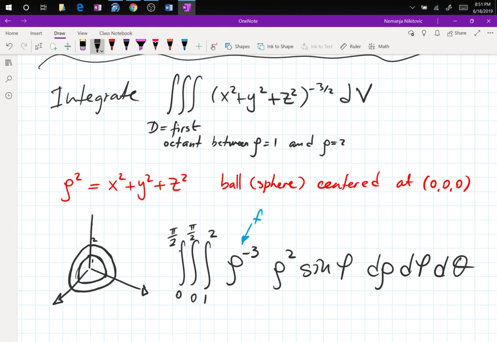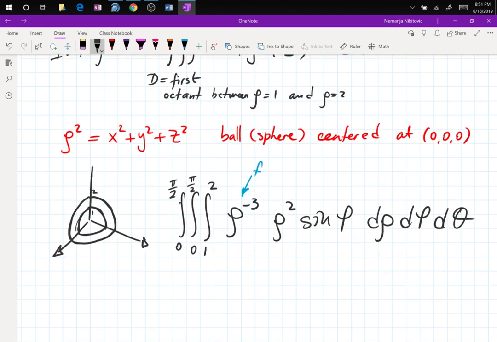When you multiply two rhos, you add their exponents.